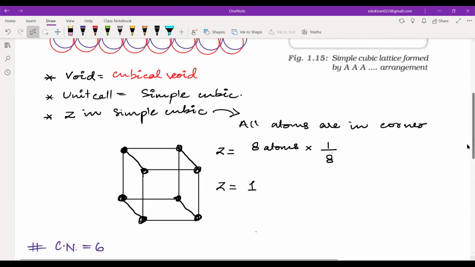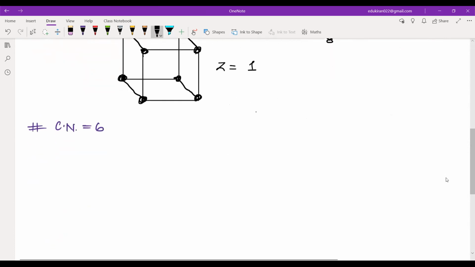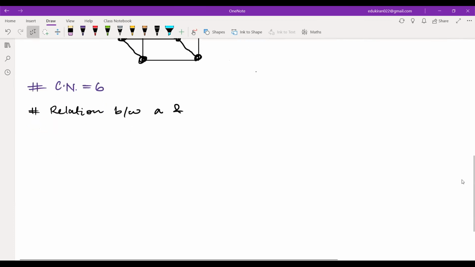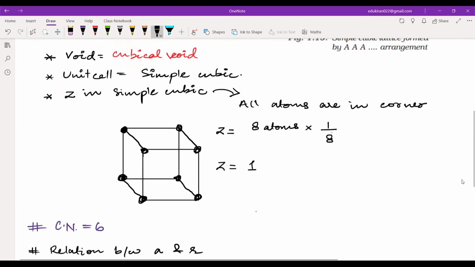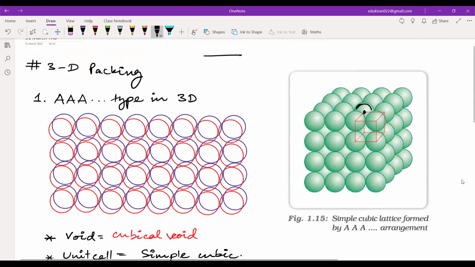Then we have the relation between a and r. That is again easy to tell. All of you can see now that since these atoms are touching each other, this will be the edge length a, this will be r and this will be r.